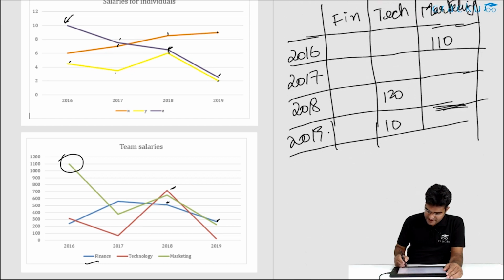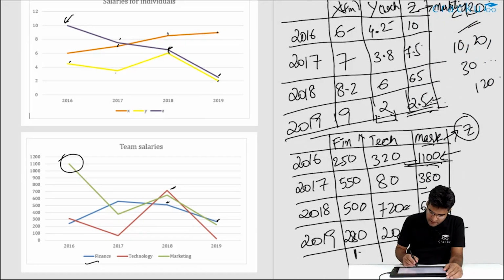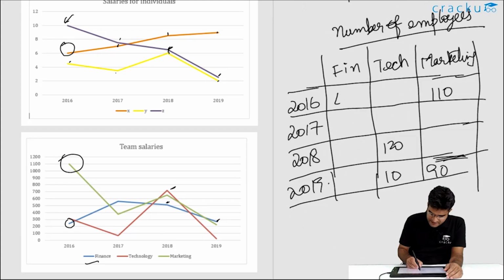So we can put the number here as 90. Similarly, the first one, that is the individual salary in X is 6, that is this in 2016, and in finance the total salary is around 250. So clearly 6 and 250 would imply that the number of employees is 40, and this is not 250 but this is equal to 240. So we can go there and fill up 40.